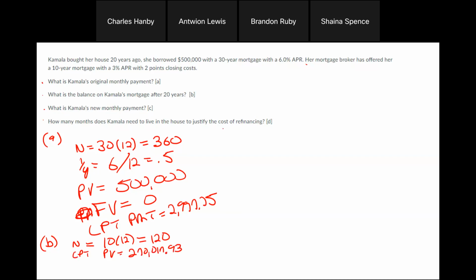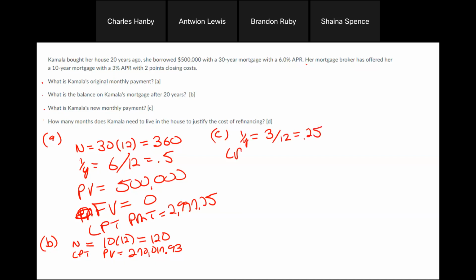So the new mortgage is next. So new monthly payment. It's a 3% APR, so we just need to enter our IY here, and so it's 3 divided by 12, that's 0.25.